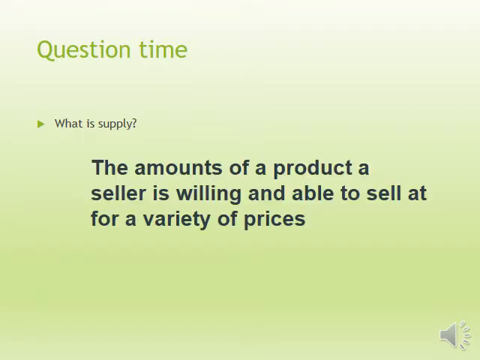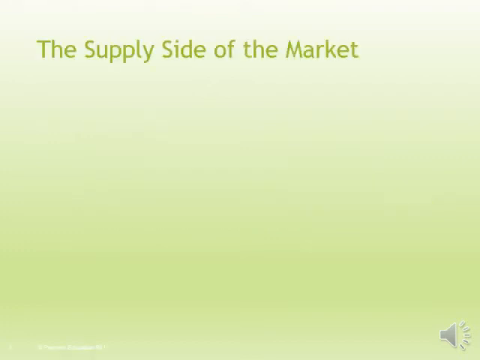So it is the amount of a product that a seller is willing and able to sell at a variety of prices. So that may sound like a bit of a mouthful, but let's see what it looks like on a graph.